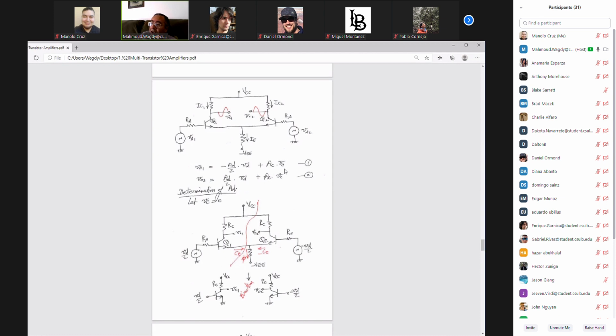There are two equations here describing the two outputs. There is a minus sign difference here.